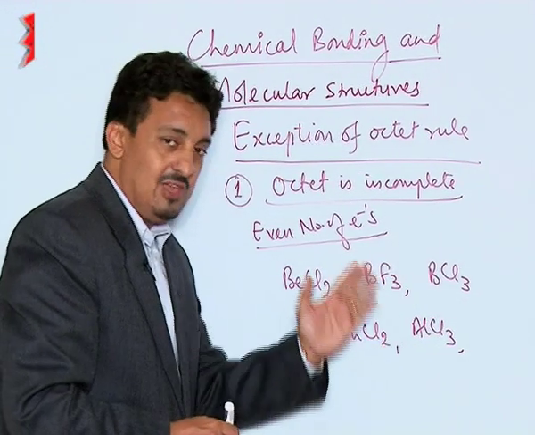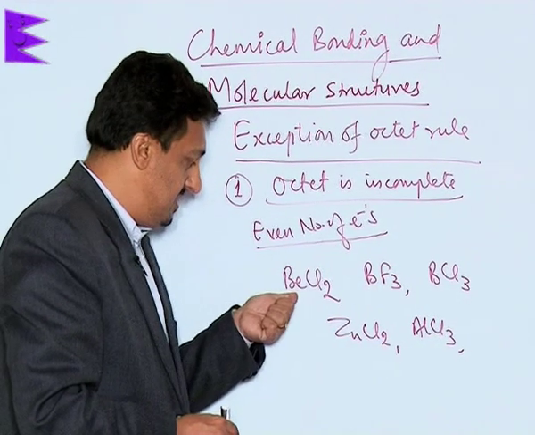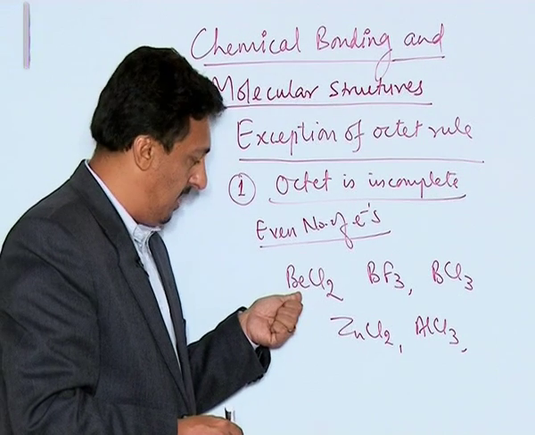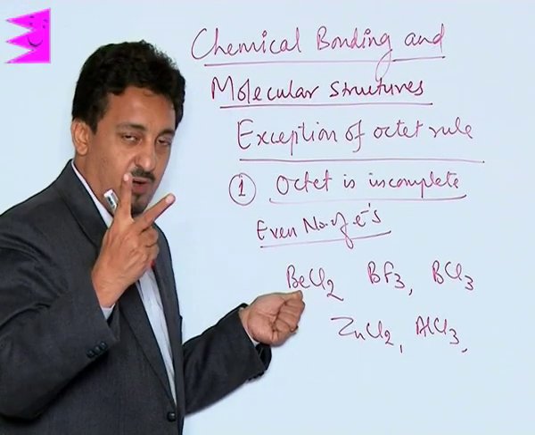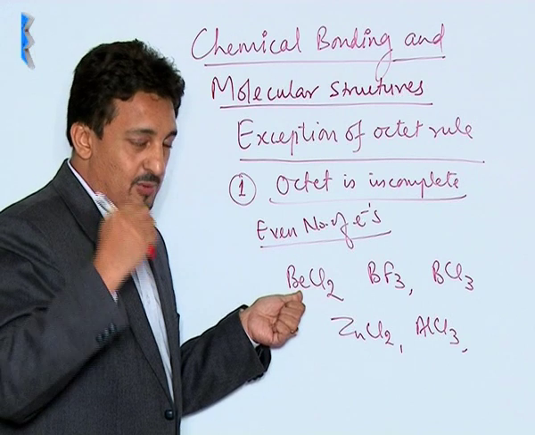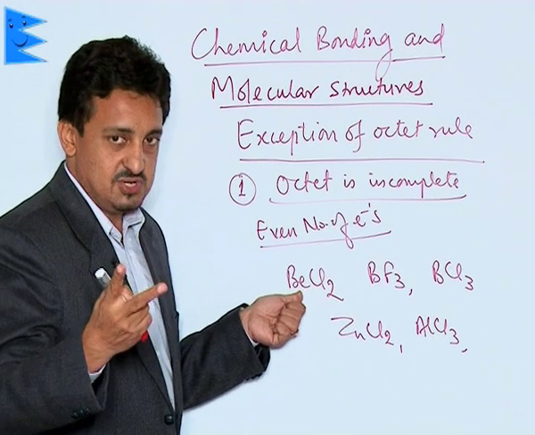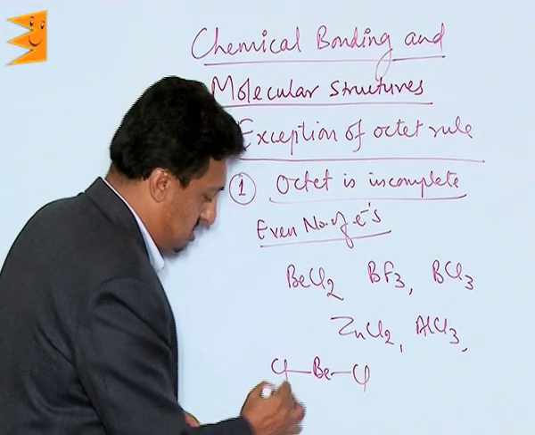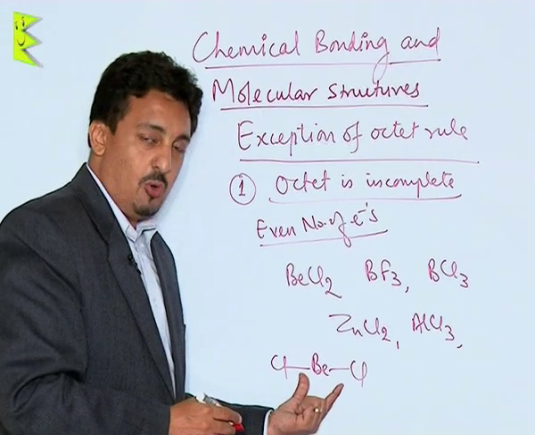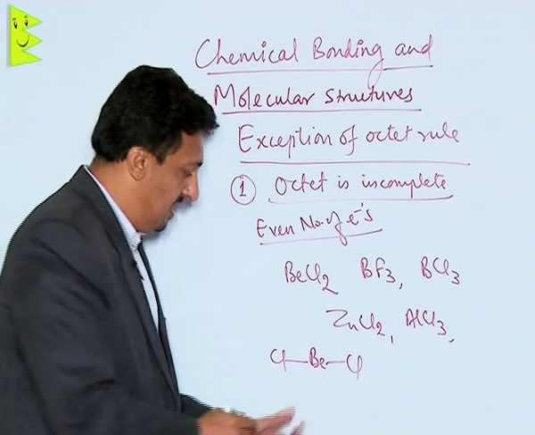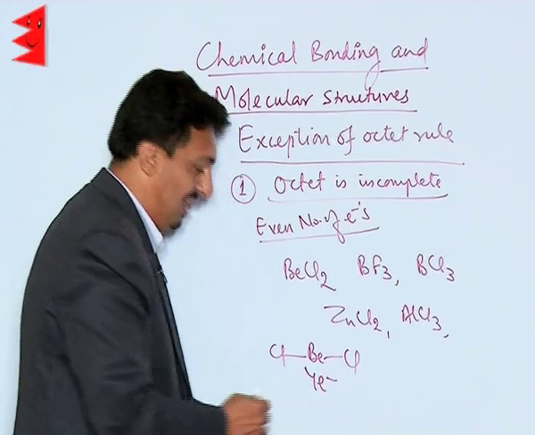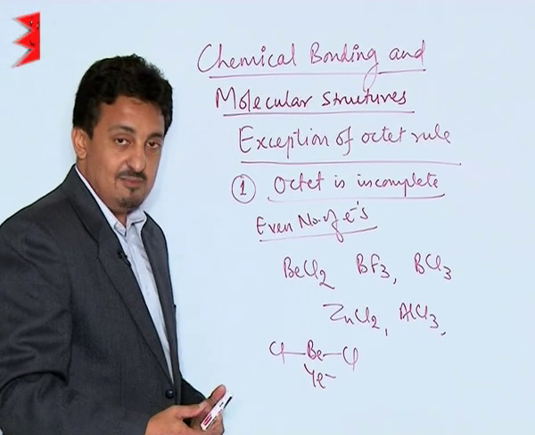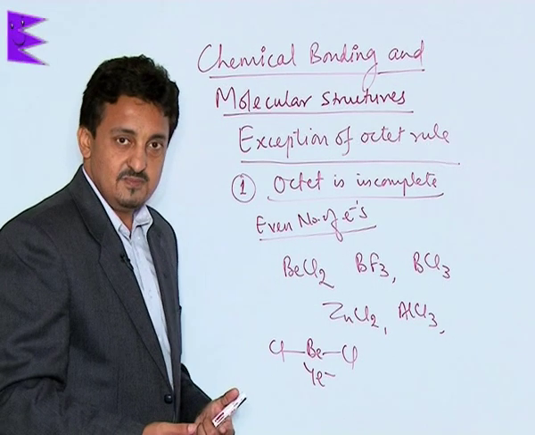In all these molecular species, let us take each one of these one by one. Beryllium is forming 2 bonds with 2 chlorine atoms. Beryllium is having only 2 valence electrons. Since both of these electrons are shared and it is forming 2 covalent bonds with 2 chlorine atoms, it is left out with only 4 electrons. Its octet is not complete, but still it combines.